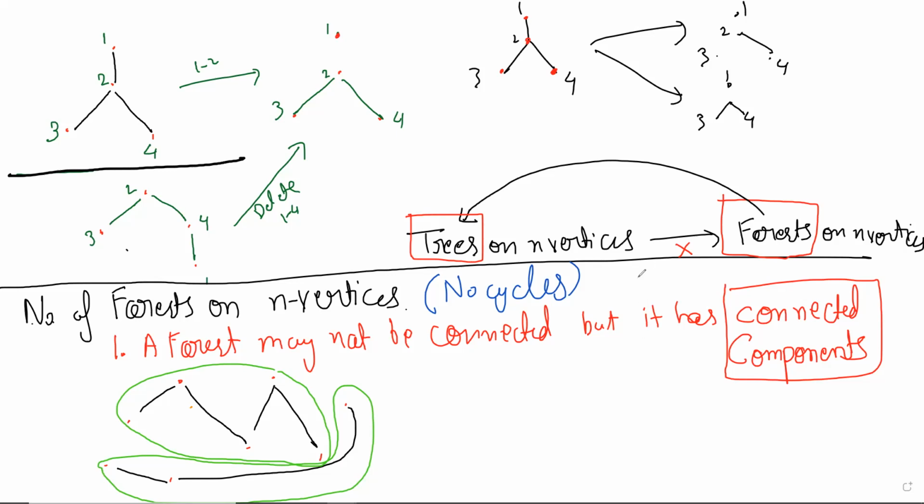Work it out yourself and see the pattern, and you would be able to guess that on n vertices, the answer is n plus 1 to the power n minus 1. Now I want someone to prove it. It's not hard, we just need one small trick.